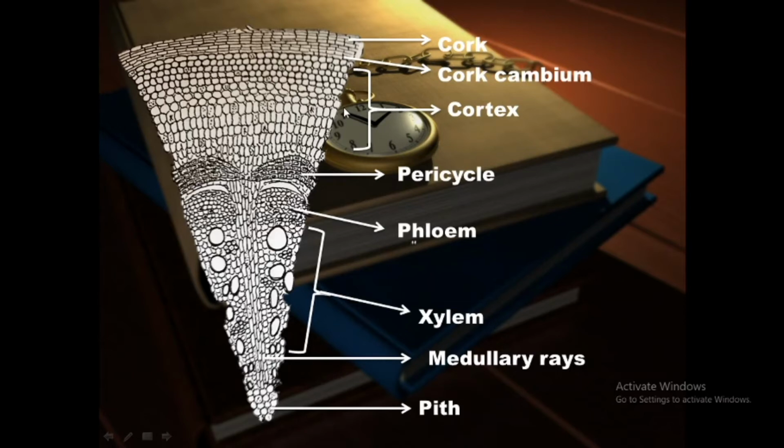The upper zone is the chlorophyllous zone, which contains the 4 to 5 layers of collenchymatous cells. The lower zone is the non-chlorophyllous zone, which contains parenchymatous cells.